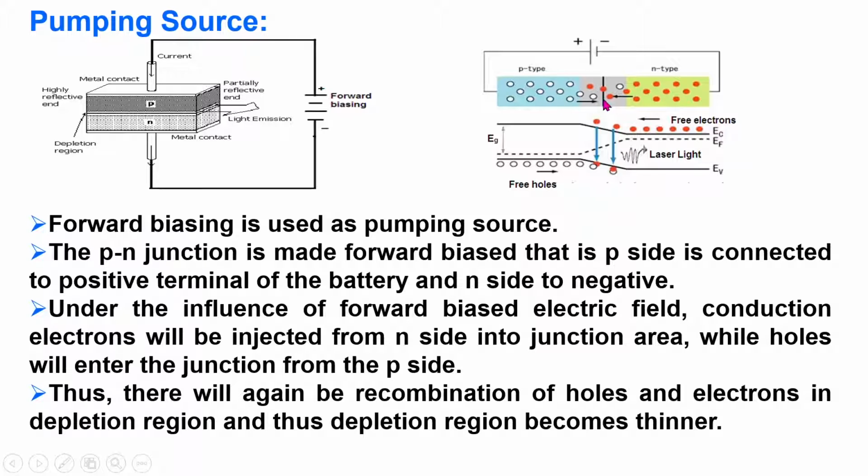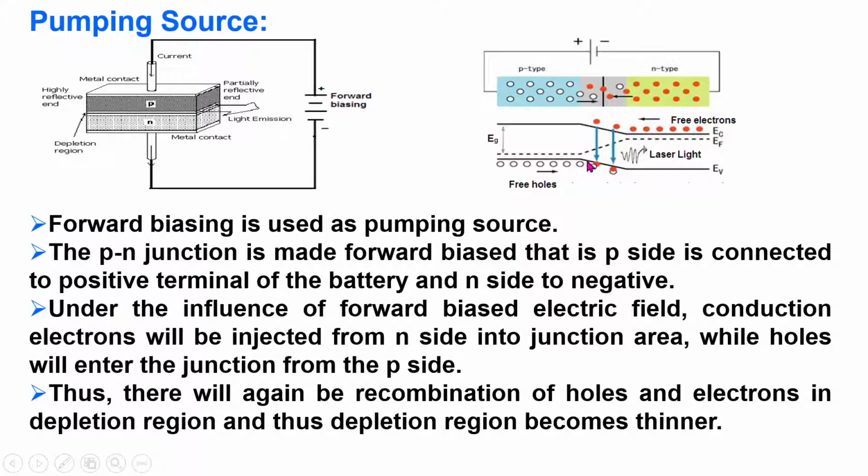Similarly, the holes will enter the junction from the P side. Thus, there is recombination of the holes and the electrons in this depletion region, and if we increase the forward bias voltage across this PN junction diode, the depletion layer becomes thinner.